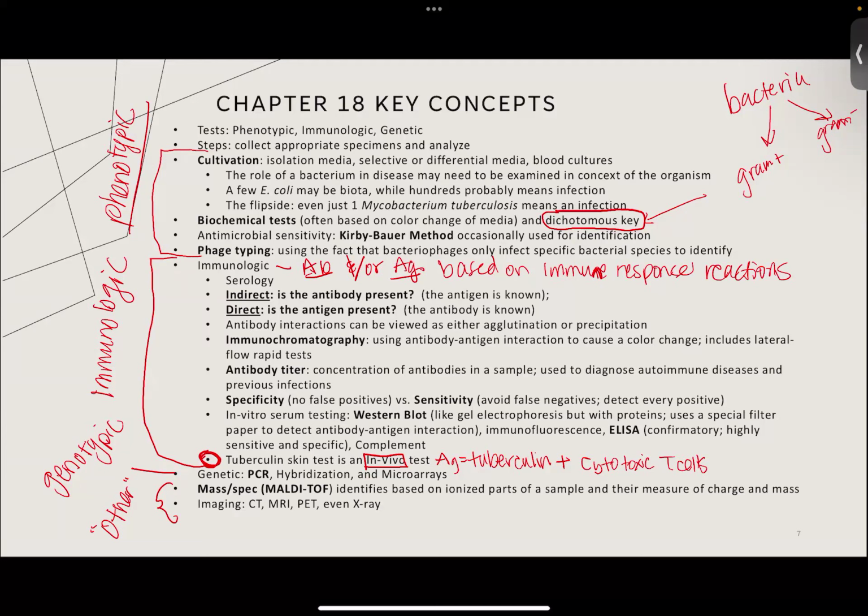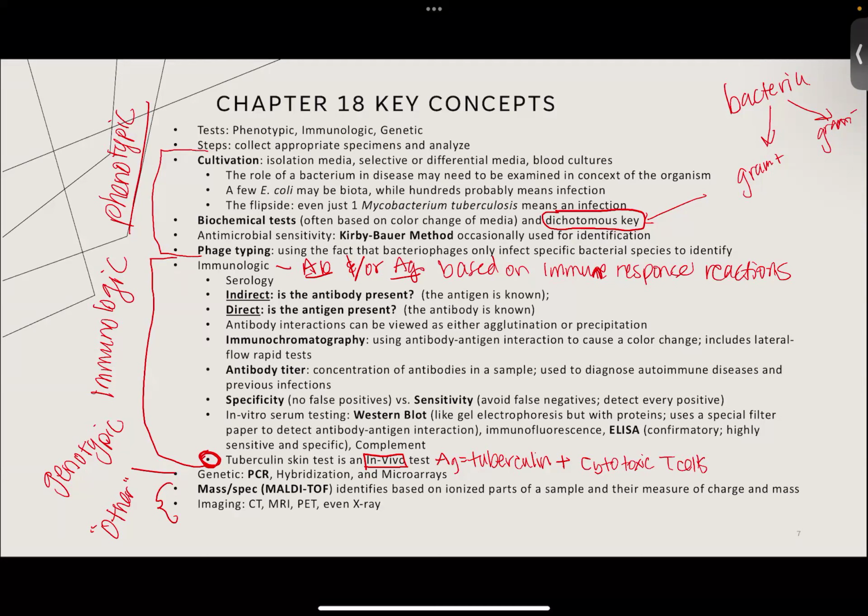Serology is essentially, for our intents and purposes, interchangeable with immunologic. But serology originally came from serum. Serum is where you'll find antibody. So serology dealt with serum and then doing interactions based on immune response using serum.